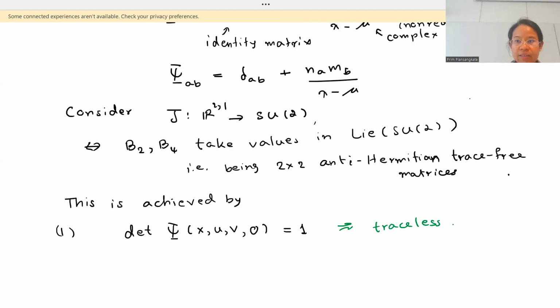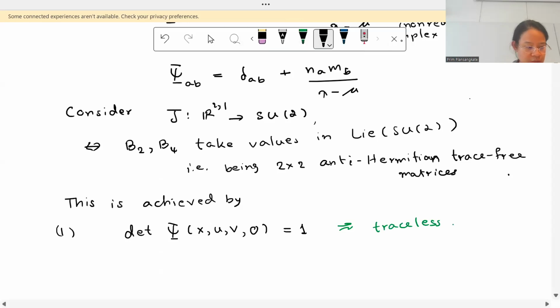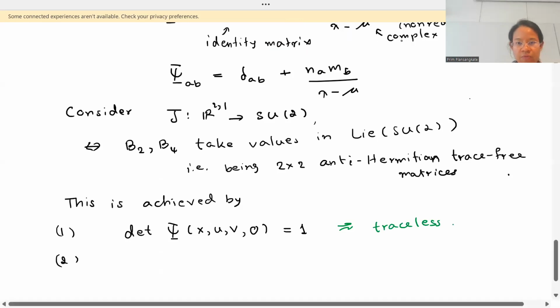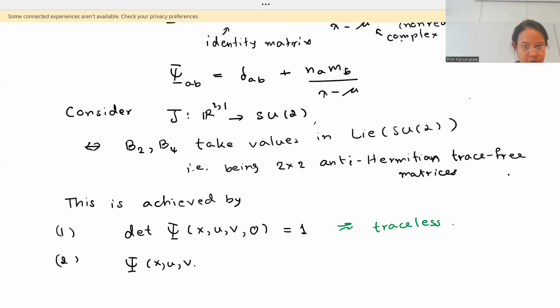And then the second condition, for anti-Hermitian, we just need psi to satisfy this equation here. Let me just write it out. This gives anti-Hermitian.